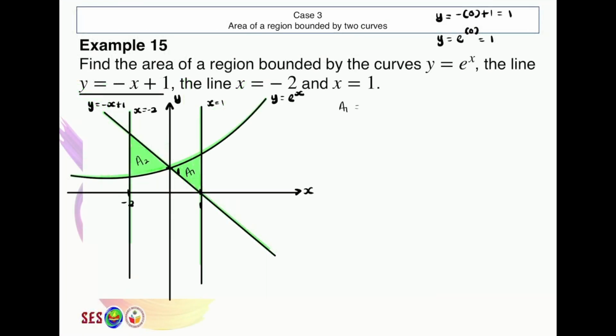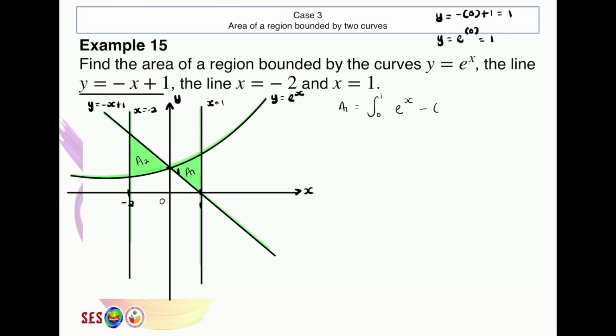To find A1, we could integrate from 0 to 1, taking the upper function minus the lower function, and integrate with respect to x. We take the interval from 0 to 1 and the upper function, the one on top of the region, is y equals e power x, minus the lower function, which is y equals minus x plus 1.